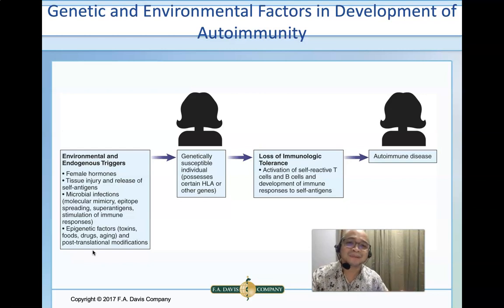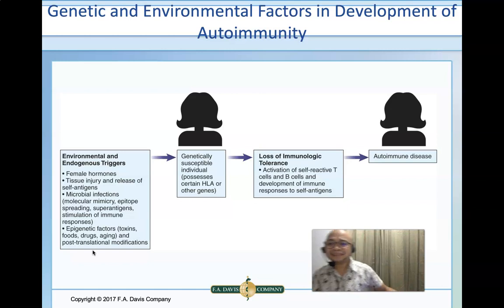So, if they are exposed, those lymphocytes who were not previously educated to the presence of these cryptic antigens because they were hidden will now attack those cryptic antigens. Okay? So, this concept is known as immunologic ignorance because our lymphocytes were not educated. Okay? Because of the fact that they were hidden.